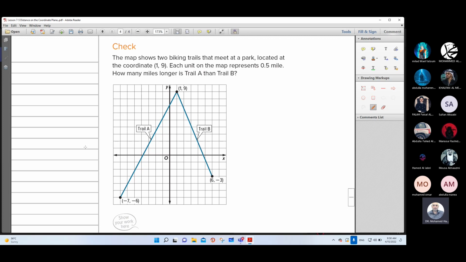In this example, we want to find real B. To find real B, we try to find the third point, or create a right triangle with the previous two points that we have here.